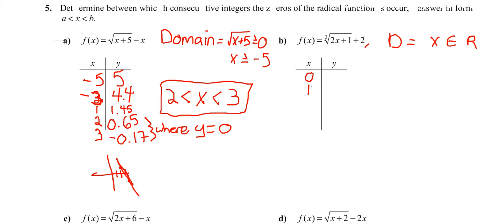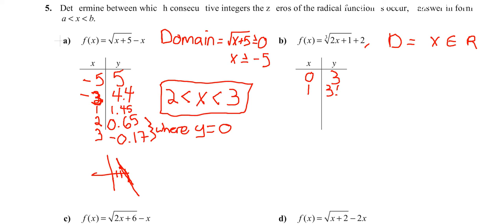I'll show you why I'm not going to go any farther in a few seconds. So 0 times 2 is 0 plus 1. Cube root of 1 is 1 plus 2, so that's 3. 1 times 2 is 2 plus 1 is 3. Cube root of 3 plus 2 is 3.44.